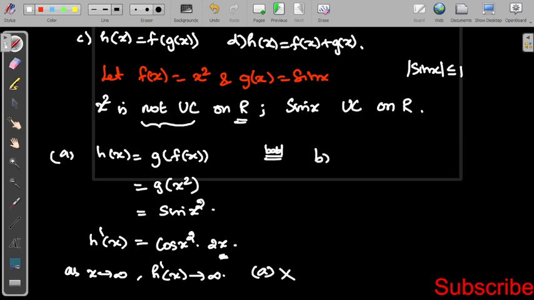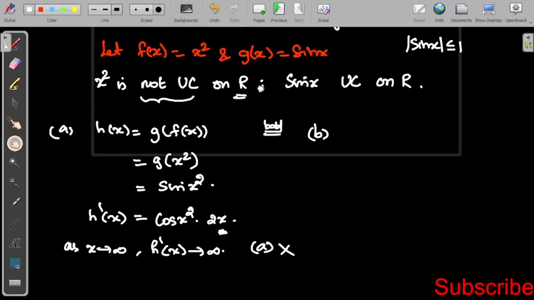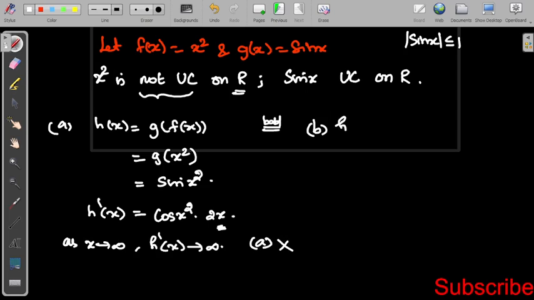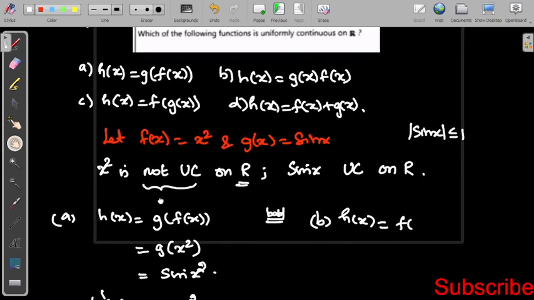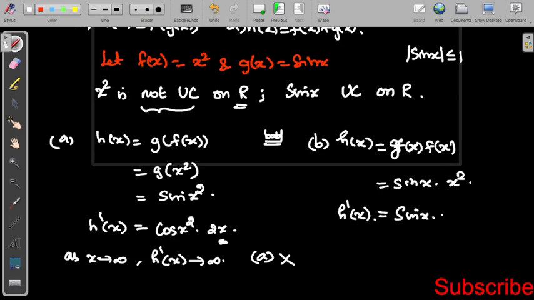Let's see the B part. The B part is h(x) = g(x) into f(x), which is equal to sin x and x². So h'(x) is equal to sin x into 2x plus x² into cos x.